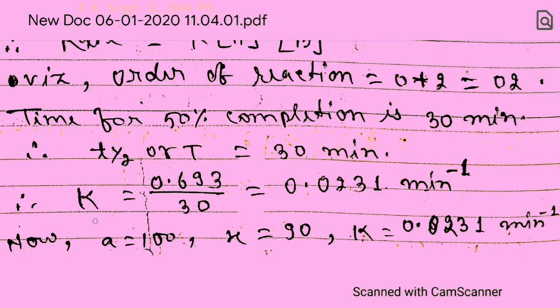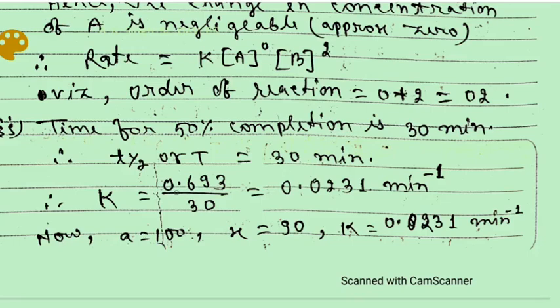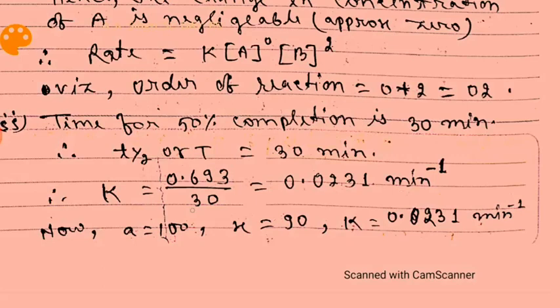Now, K is equal to 0.693 by 30, which is equal to 0.0231. Now, the question is given: a is equal to 100. Why? Because 90% reaction is complete, so a will be 100, x will be 90, and k is determined as 0.0231 minute inverse.